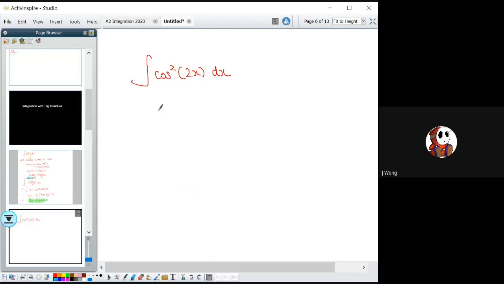So we're going to consider cos of 4x, and we're going to rewrite this using the double angle formula, because cos of 4x is cos of 2x plus 2x, which you can use the formula booklet to rewrite in a different form. So you will have cos squared of 2x minus sine squared of 2x.